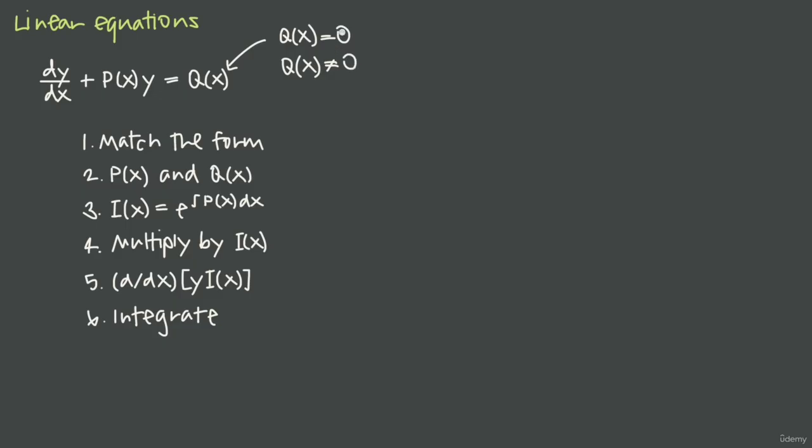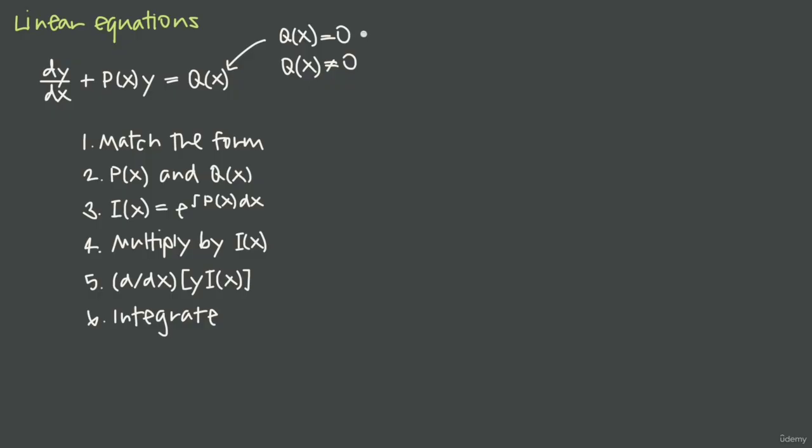When the q of x function is equal to 0, we call the equation homogeneous because this is a differential equation set equal to 0, so it's a homogeneous equation. When the q of x function is not equal to 0, we call the equation non-homogeneous. Homogeneous linear first order equations are also called separable differential equations, and we can solve those using another method, so we'll save that for a later lesson.